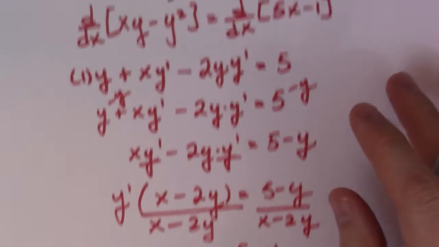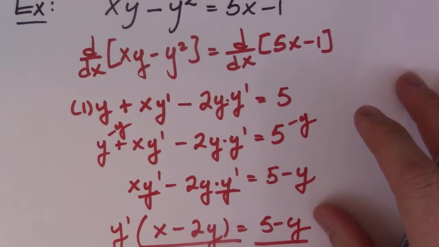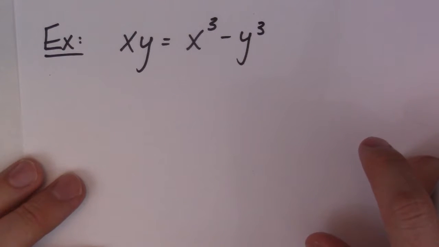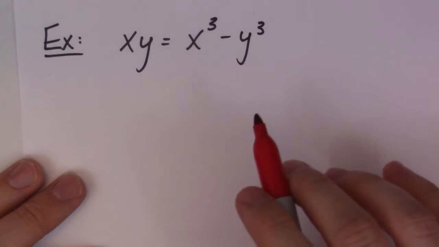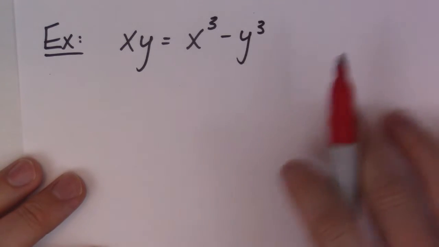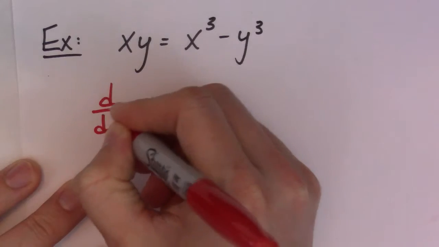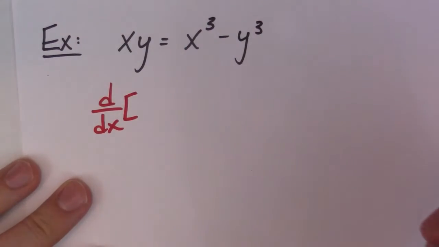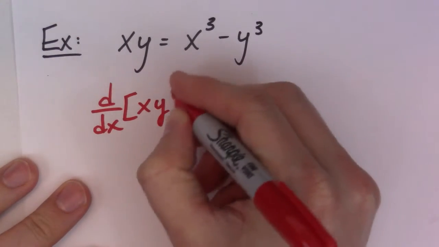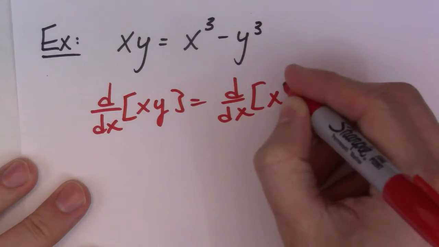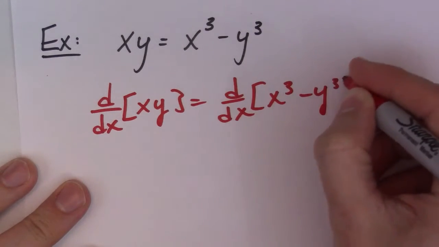Alright, let's try another one. This one is kind of similar. I have x times y is equal to x cubed minus y cubed. Again, notice no y equals. This is implicit differentiation. So d over dx of xy is equal to d over dx of x cubed minus y cubed.